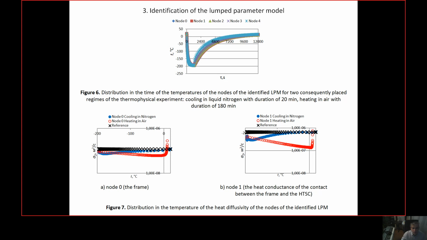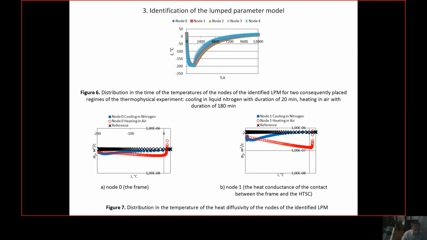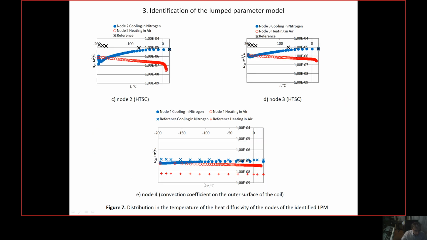With this data, we calculate the coefficients by which the thermophysical properties of the CAE model are to be multiplied. Thus, here we can see results for the nodes of the lumped parameter model 0, 1, 2, 3, 4.